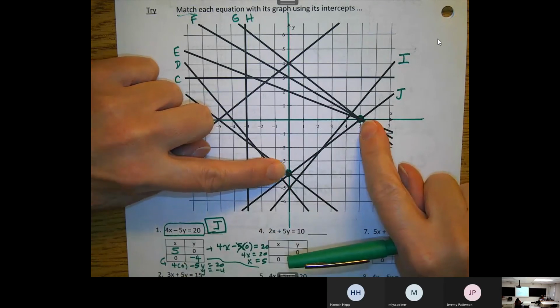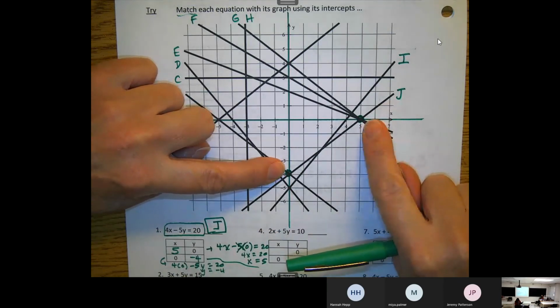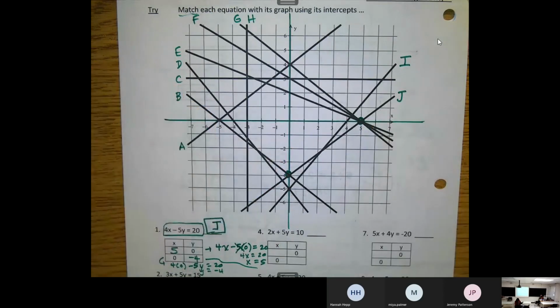That's the only one that crosses here and here. So we've got a lot of intercepts to find. Lots of zeros to plug in. Let me leave you to it. If I need a little help getting started, let me know.